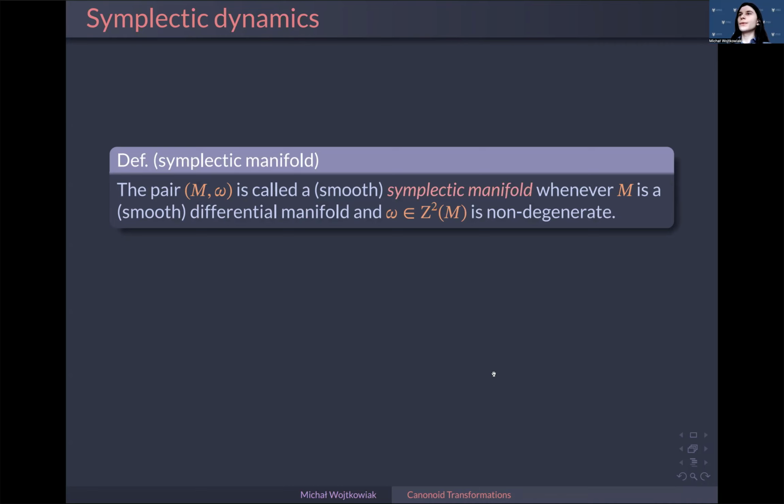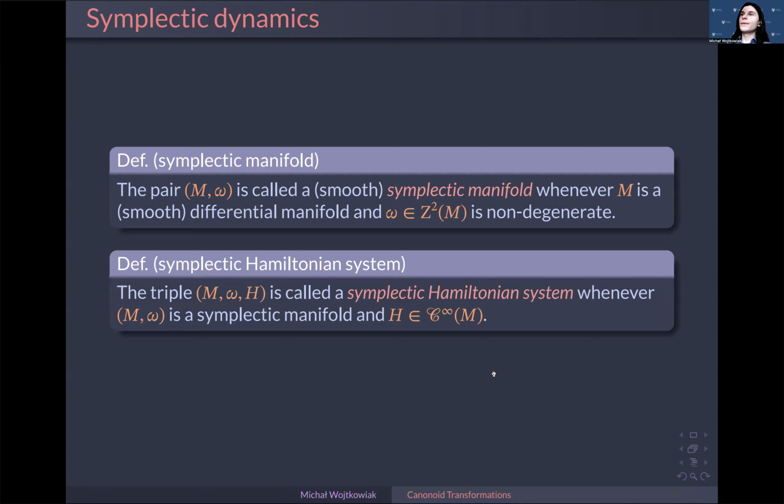Mostly we will focus on smooth structures here, so usually we can assume that M is smooth. Then, imposing a smooth function H upon this manifold, we get the symplectic Hamiltonian system where all the physics will take place.